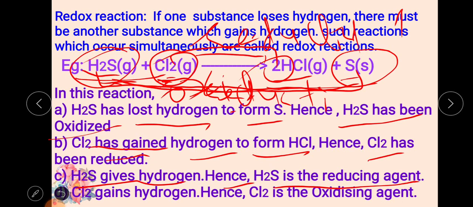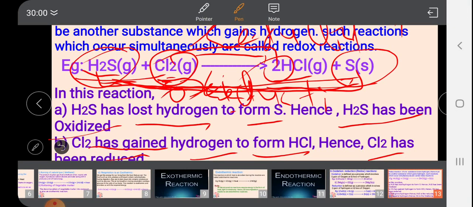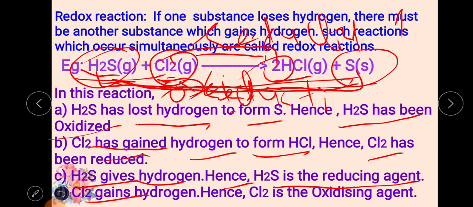Whereas chlorine gains hydrogen and helped oxidize the sulfur, so it is an oxidizing agent. Chlorine is the oxidizing agent, whereas hydrogen sulfide is the reducing agent.